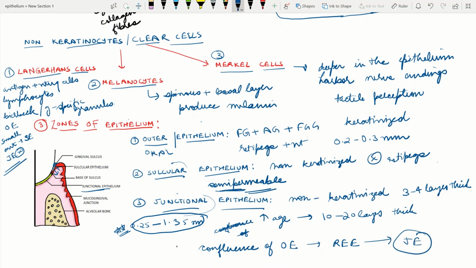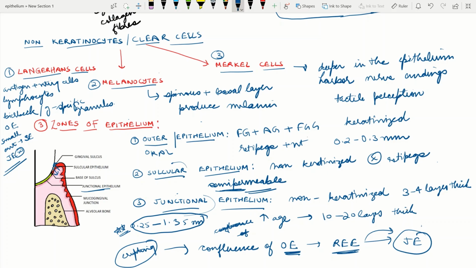So as the tooth is erupting in the oral cavity, there is confluence of oral epithelium with the reduced enamel epithelium resulting in the formation of junctional epithelium.